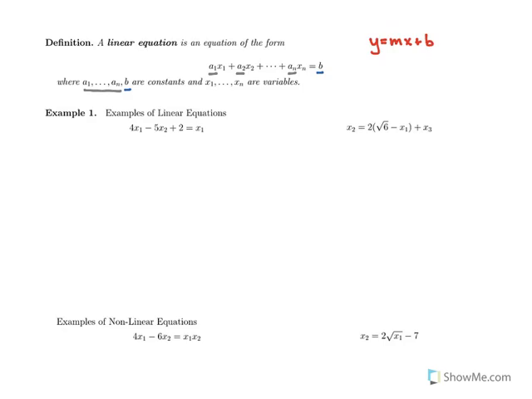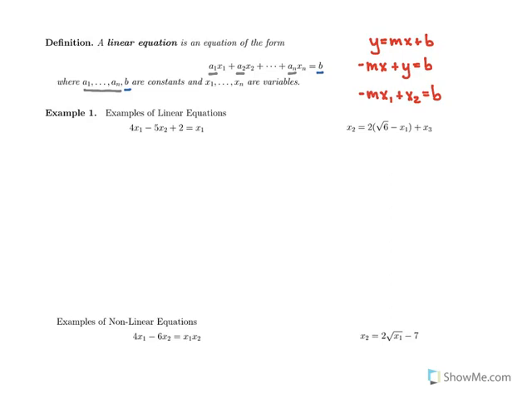If we rewrite it, if I move the x over to the other side, I write it as minus mx plus y equals b, and instead I write x and y as the variables x1 and x2, I have minus m x1 plus x2 equals b. In this case, m is a constant, b is a constant, x1 and x2 are our variables. So anytime we're talking about a line y equals mx plus b, we could put it into this form.